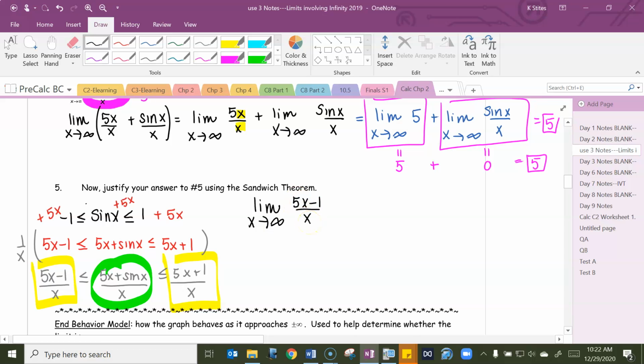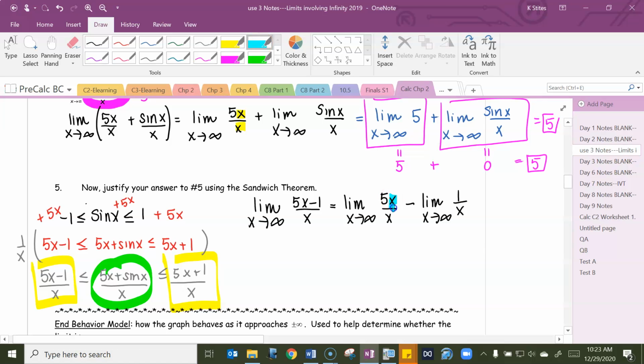Okay, and again, you want to show this step by step. So if you want to split your fraction and split your limit at the same time, you can. So like I can say this is the limit as x approaches infinity of 5x over x minus the limit as x approaches infinity of 1 over x. You could also make it a plus, and then it's the limit of negative 1 over x. It doesn't really matter. They're the same thing, right?